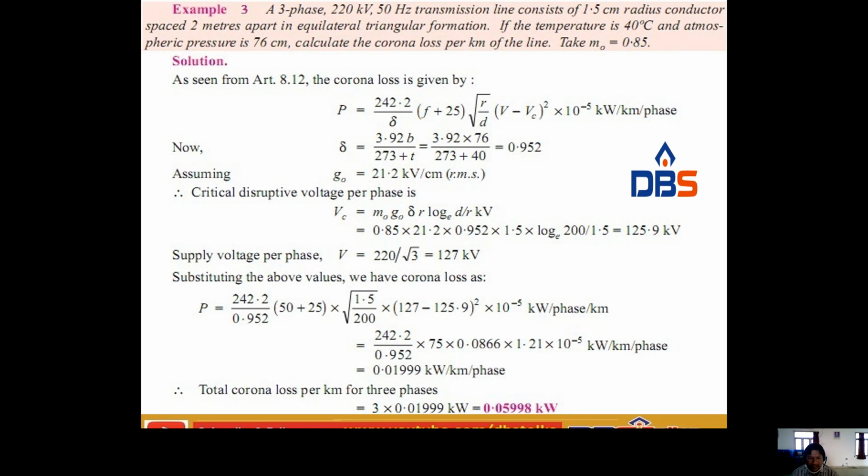By calculating with the calculator, we get 0.01999 kilowatt per kilometer per phase. That is the corona loss.